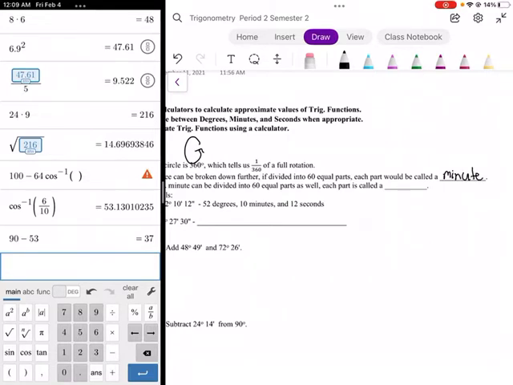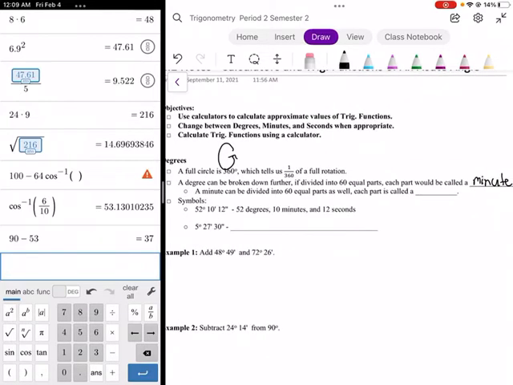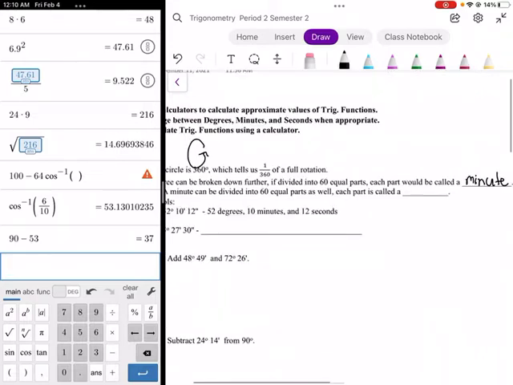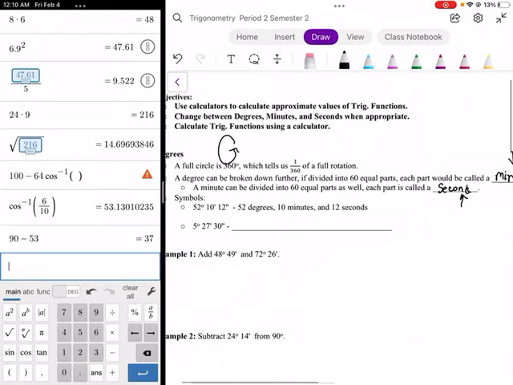So 1/60th of a degree would be a minute. And then a minute can be divided into 60 equal parts as well, and that is called a second. We are mostly going to be working with minutes, but it could be useful to know what the seconds are when working on other trig problems.